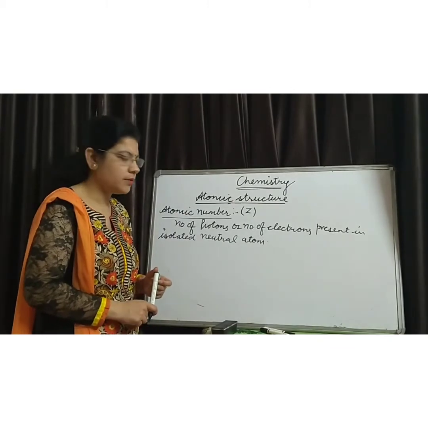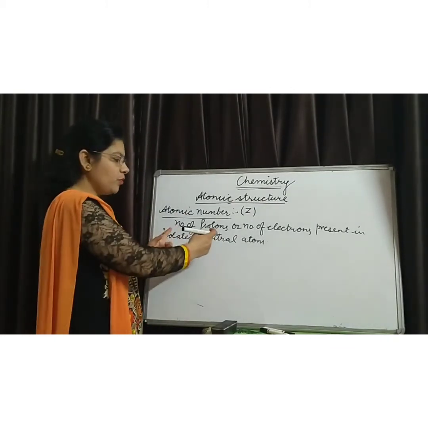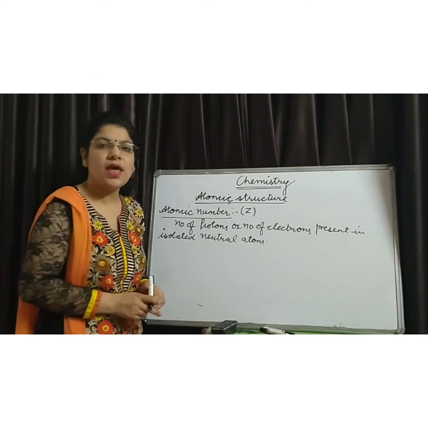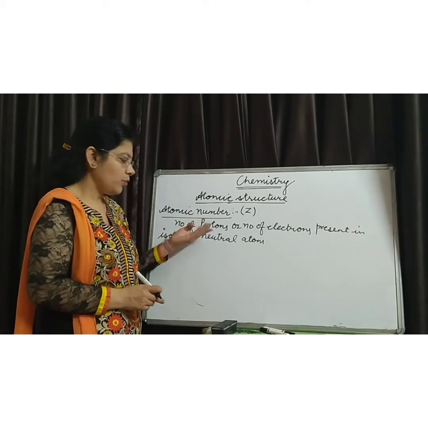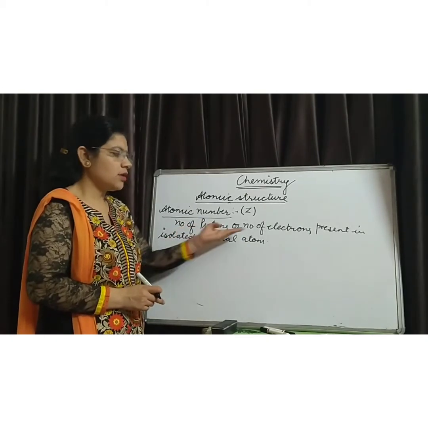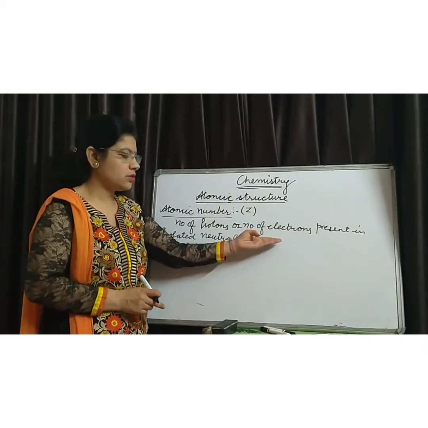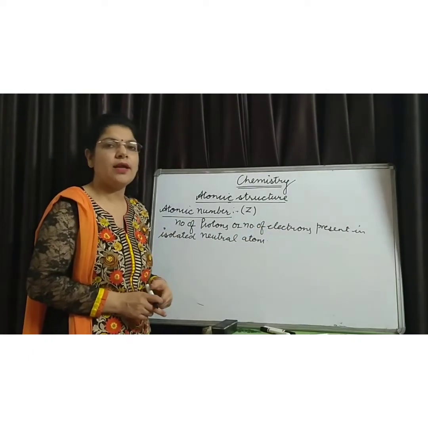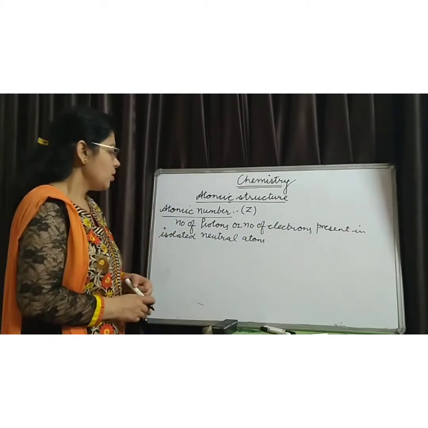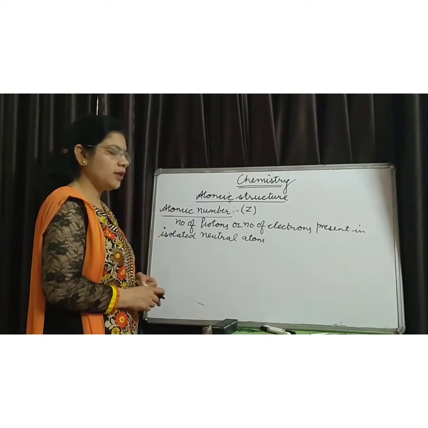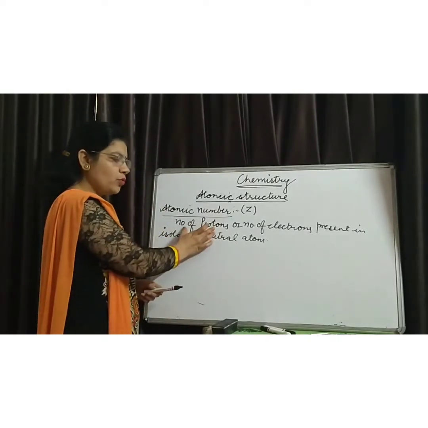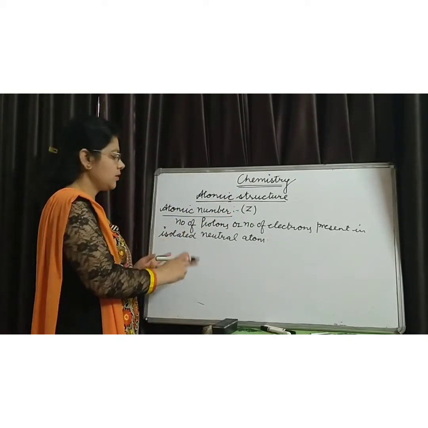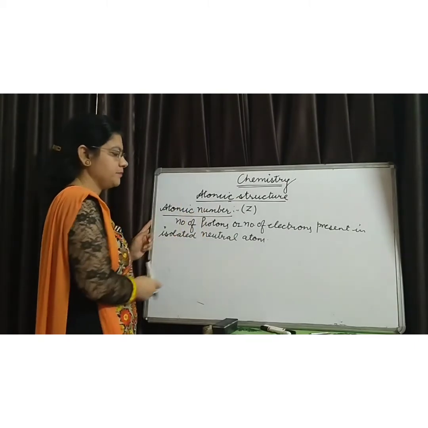As in any atom, the number of protons is always equal to the number of electrons, because every atom is neutral. Protons carry positive charge and electrons carry negative charge. Total positive charge is equal to total negative charge, so the atom as a whole is neutral. So the number of protons or the number of electrons present in the atom represents the atomic number of the atom.